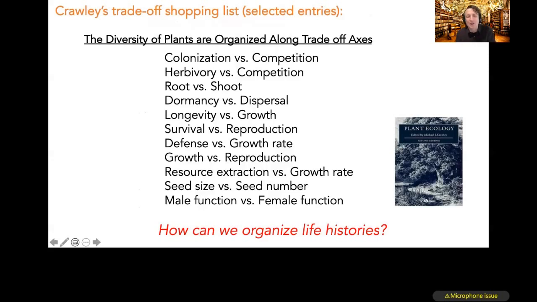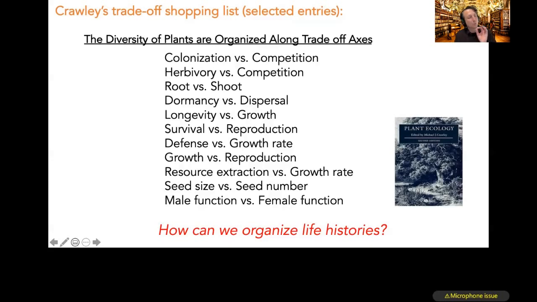Having your seeds stick around in the environment for a while versus allocating to increased dispersal abilities. You can allocate to living a longer time versus allocating to growth. You can allocate to survive more, but that comes at a cost to reproducing. You can allocate more to defense at the expense of growth rate and vice versa, and so on. These are several trade-off axes.